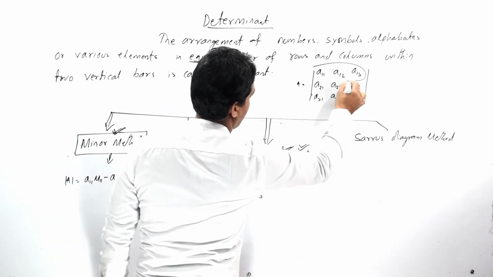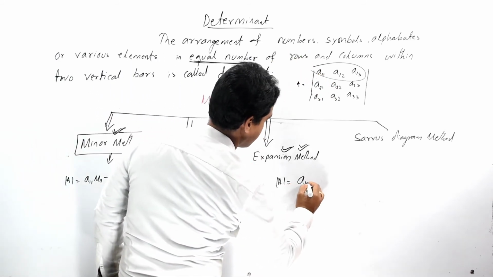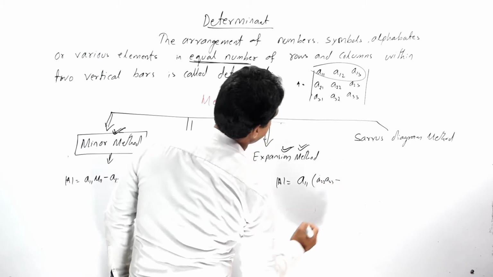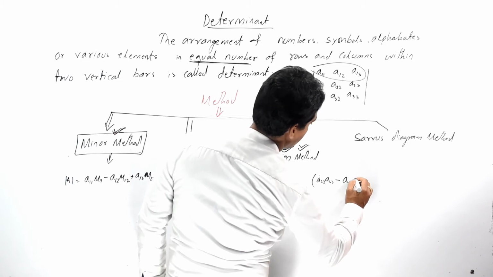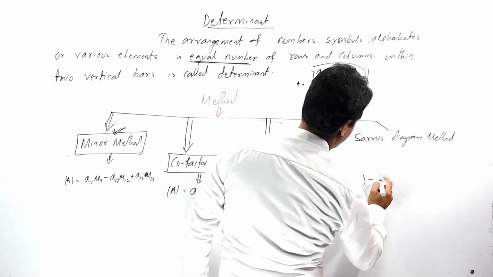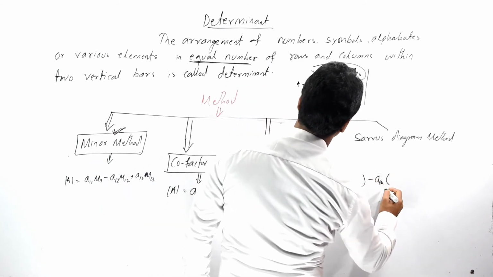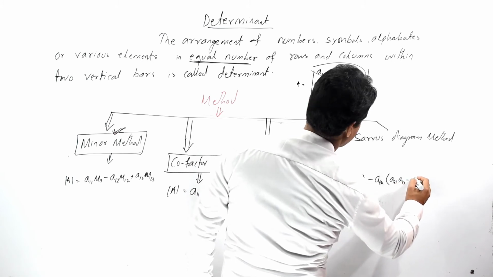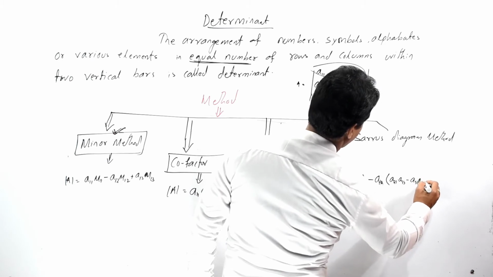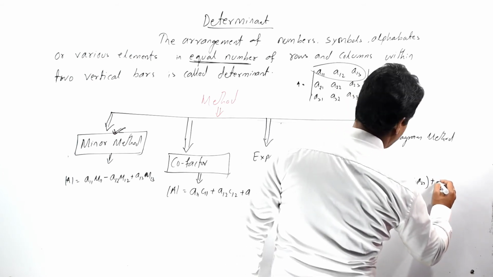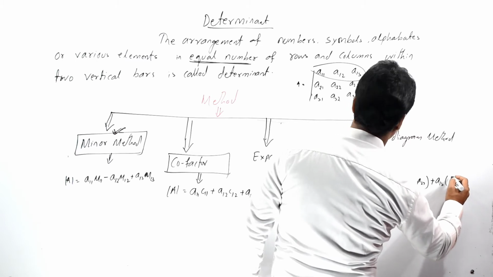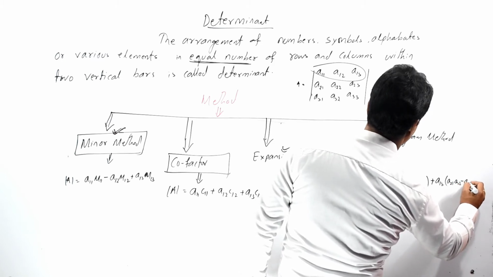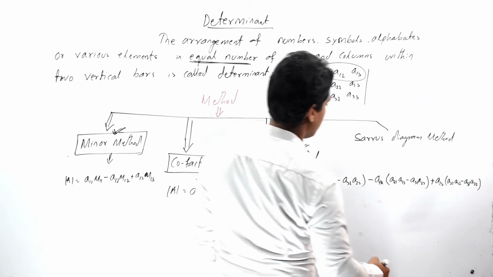By expanding the first row, we can find the value of the determinant: A11 into (A22 into A33 minus A32 into A23), minus A12 into (A21 into A33 minus A31 into A23), plus A13 into (A21 into A32 minus A31 into A22).